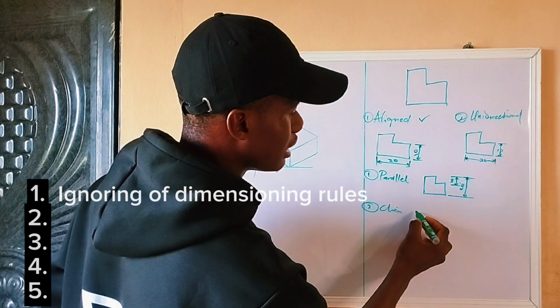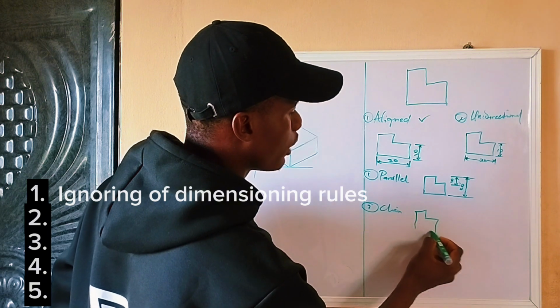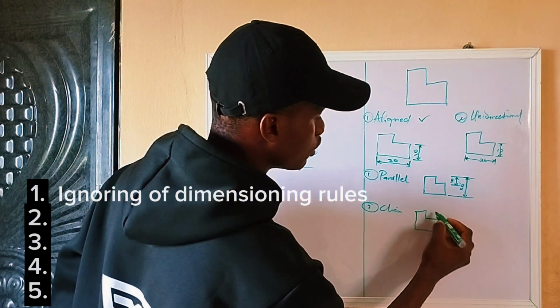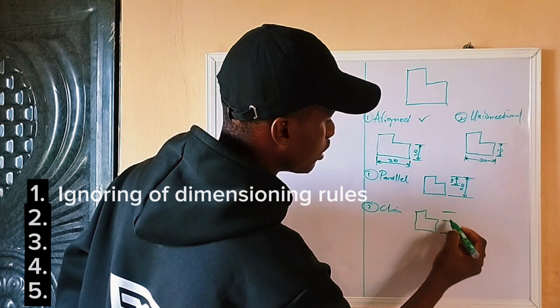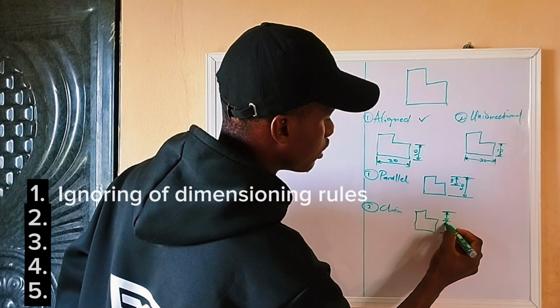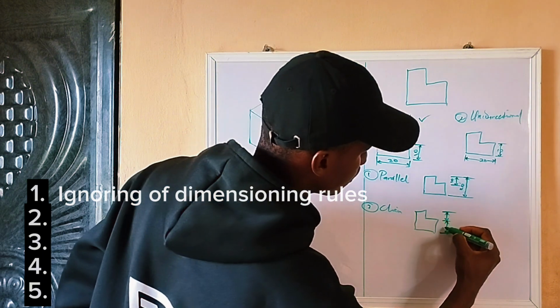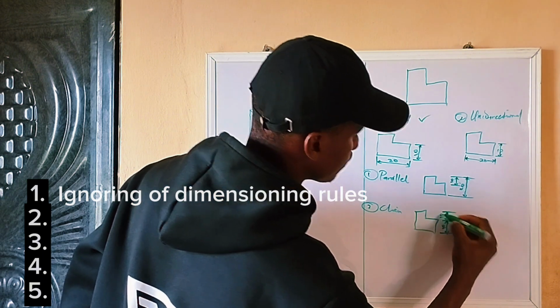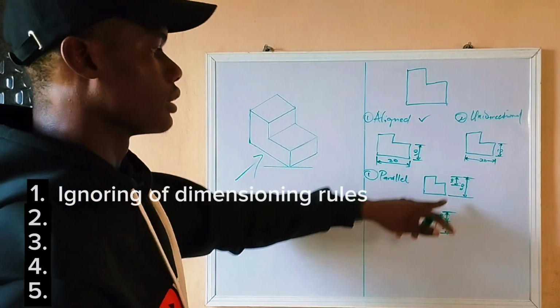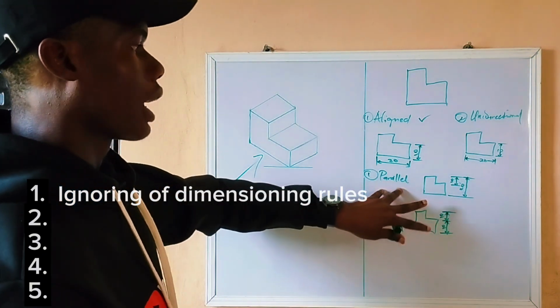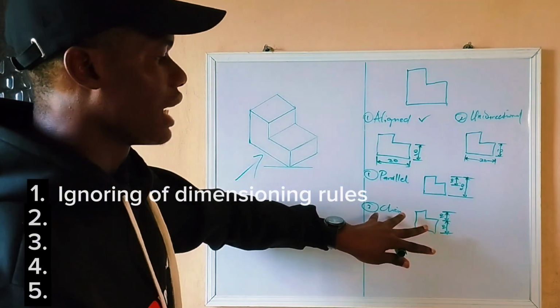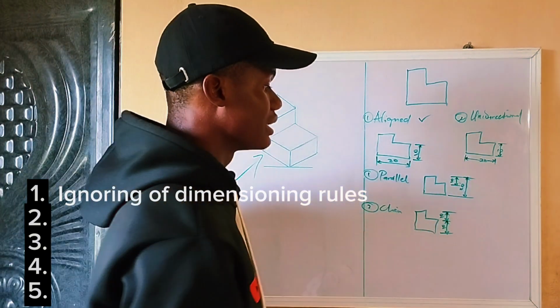So this is the way parallel is. Then we have our chain, which is like this. Note, this is not drawn to scale. So this is 10 and 10. This is 20 and 10. So this is the way parallel aligned dimensioning is, and this is the way chain aligned dimensioning is.